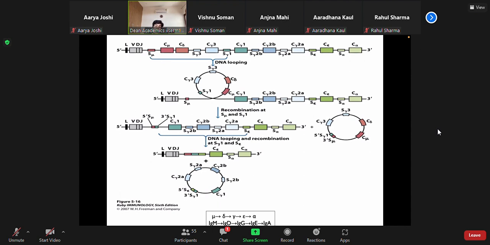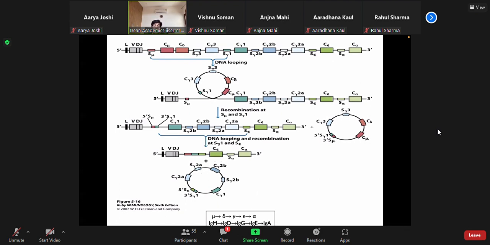Now, if you change the cytokine you are exposing these cells to, let's say TGF-beta, then these cells can start making the same antigen specificity, but with Ig alpha. Okay, so you can make IgA antibody from this.